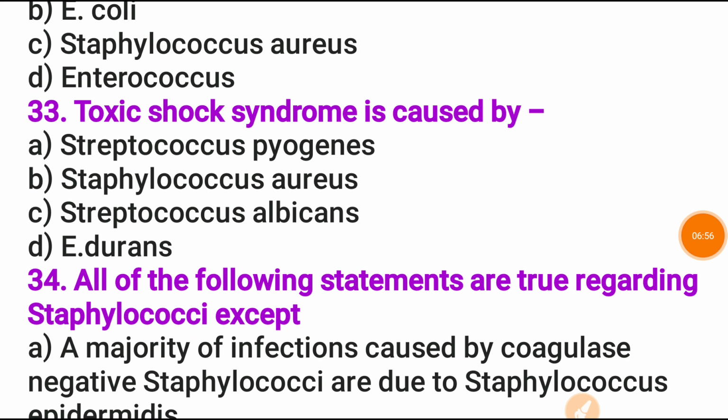You have to choose the correct option, which is Streptococcus pyogenes and Staphylococcus aureus. As already told, toxic shock syndrome is caused by both Streptococcus and Staphylococcus. So the correct option is both.